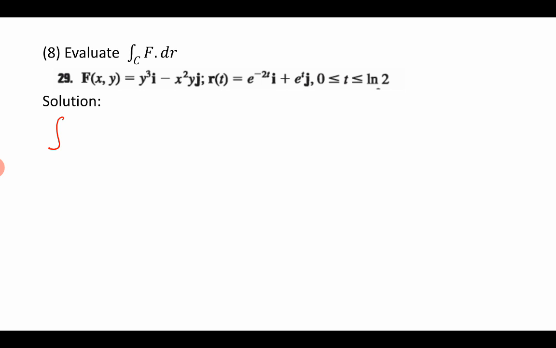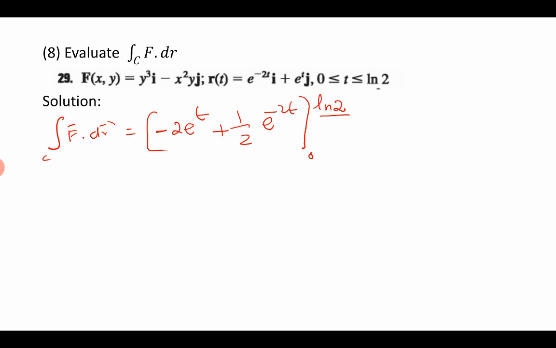So integral of F dot dr is equal to minus 2 e power t plus 1 over 2 e raised to minus 2t from 0 to ln2. Wherever t comes, replace it by ln2: minus 2 e raised to ln2 plus e raised to minus 2 ln2 divided by 2. This is for the upper limit.